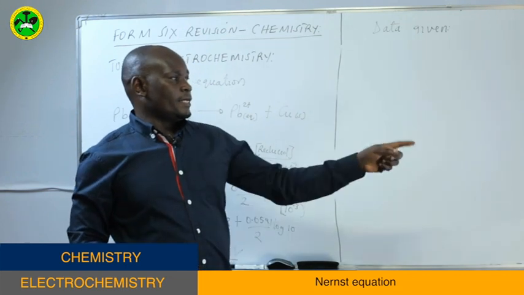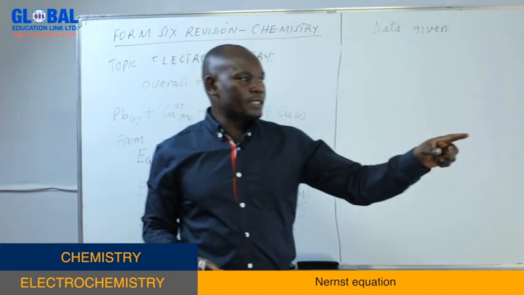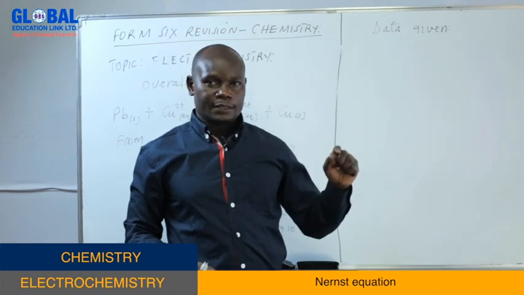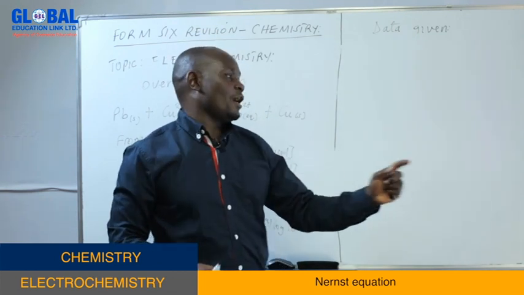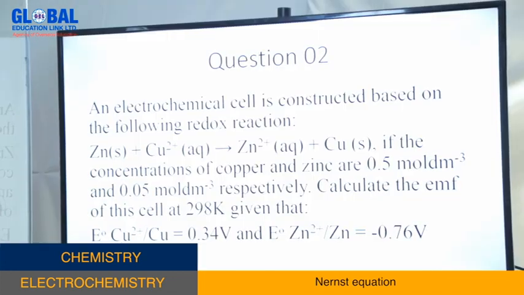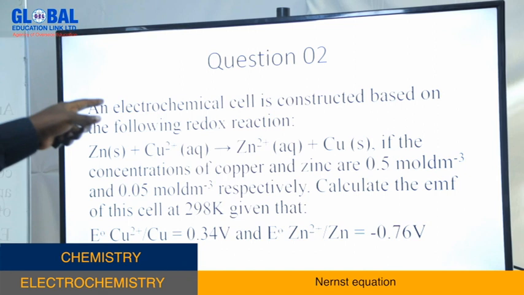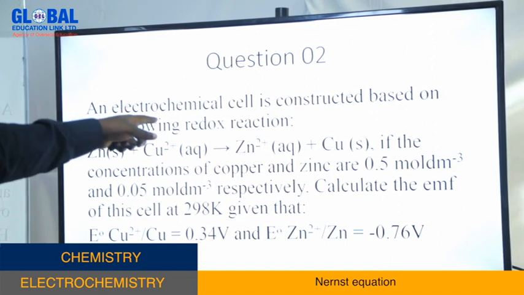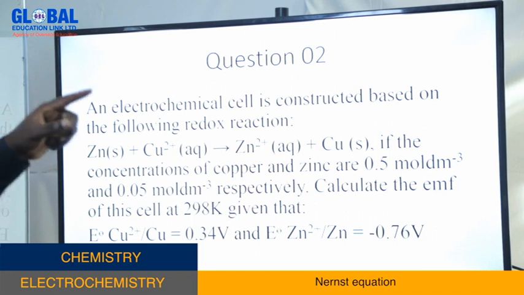we are given that an electrochemical cell is constructed based on the following redox reaction. We have already been given the balanced redox reaction, so it is easy. It is zinc solid plus copper 2 ions, giving zinc 2 plus plus copper solid.